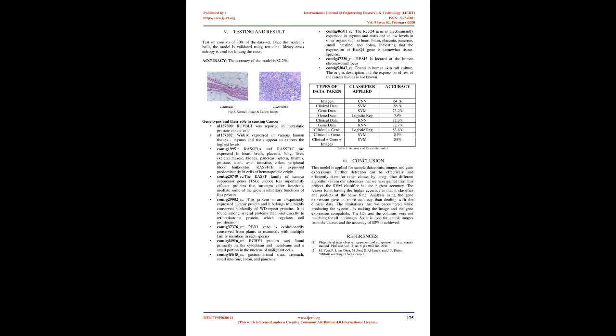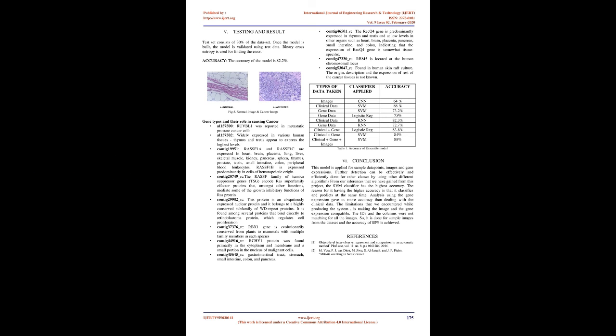Contig37376_RC. RBX1 gene is evolutionarily conserved from plants to mammals with multiple family members in each species. Contig44916_RC. RCHY1 protein was found primarily in the cytoplasm and membrane and a small portion in the nucleus of malignant cells. Contig45645_RC.